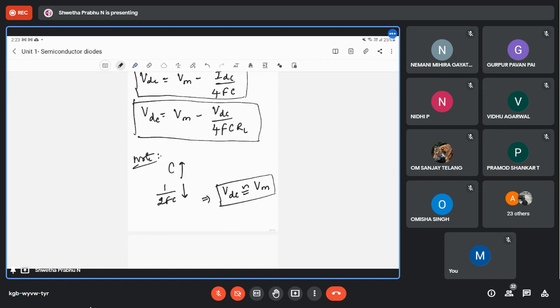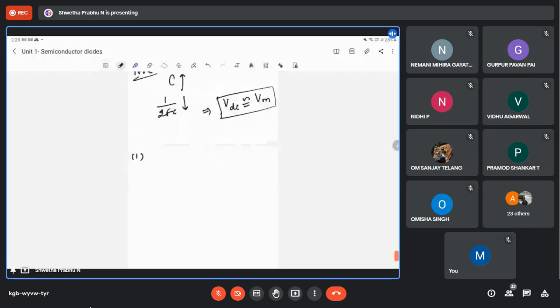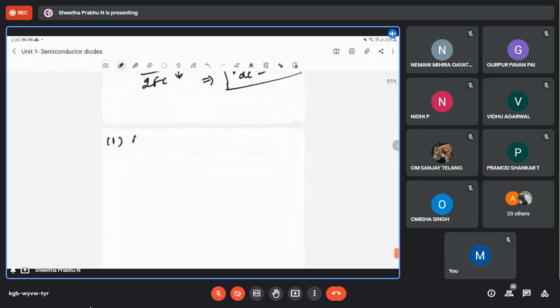Shall we proceed? Yes, ma'am. Okay, we will take a numerical on this. Let me write the question. A full wave bridge rectifier having a load of 2 kilo ohms.